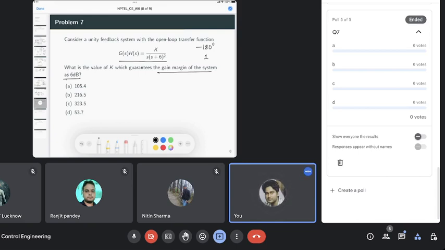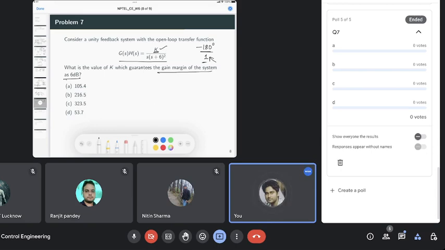If this happens at the same frequency, then you are on the verge of instability. If your phase angle is minus 180 degree and your gain is less than 1, then you can increase your k value up to a certain point. When this becomes 1, you are entering the instability region. So how much k you can increase will give you the gain margin.